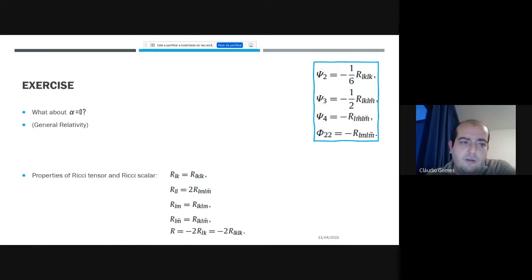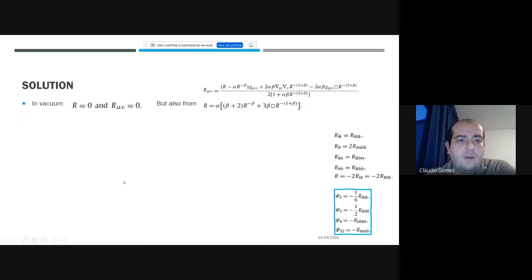So let's try to understand how to analyze gravitational wave solutions in the Newman-Penrose formalism. In vacuum, we all agree that R equals 0, and consequently the Ricci tensor also vanishes, which could also be seen from these modified field equations, as we set alpha to 0, right?